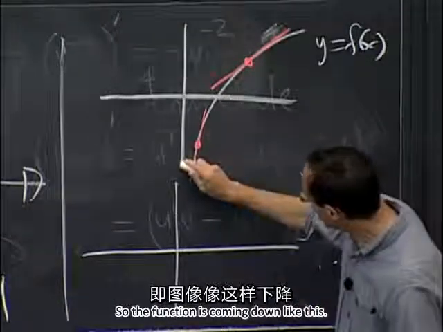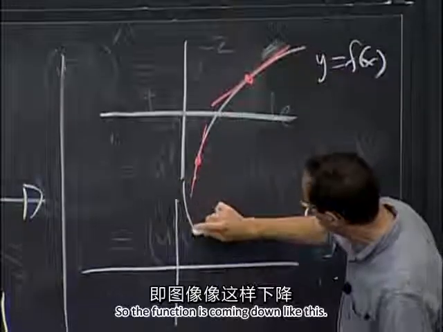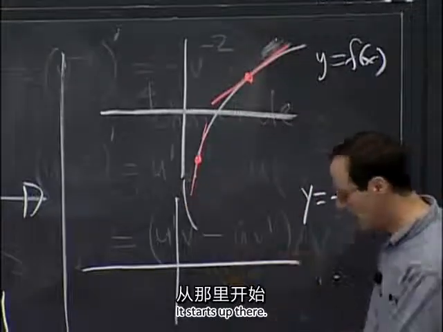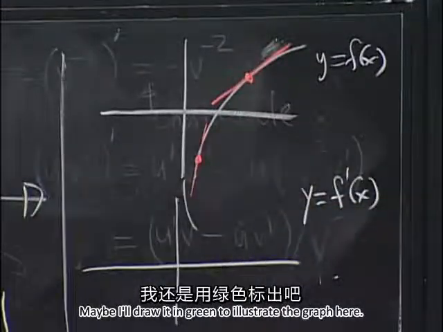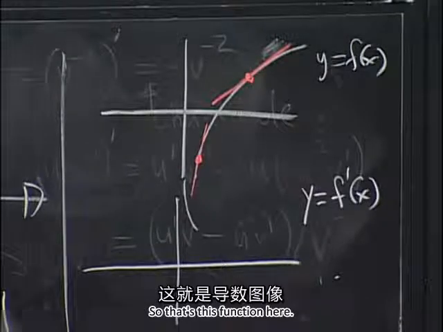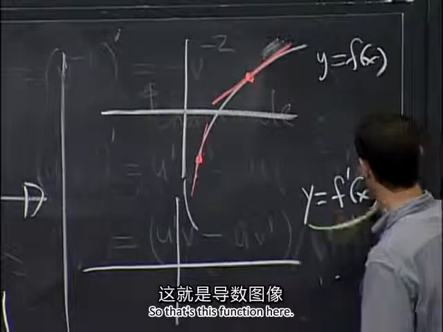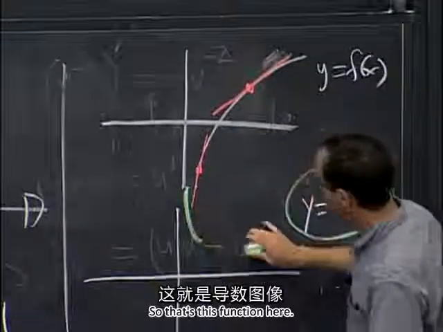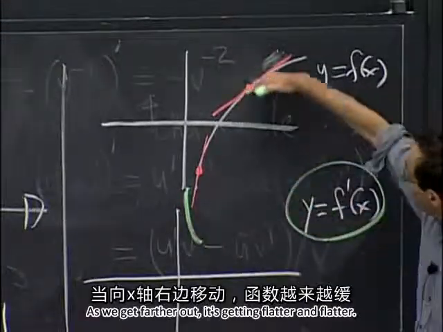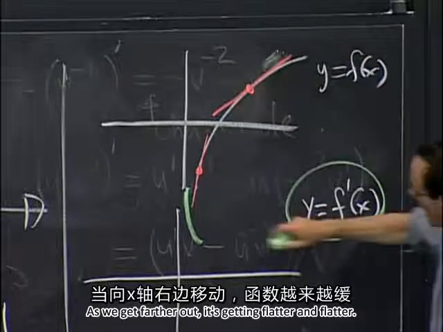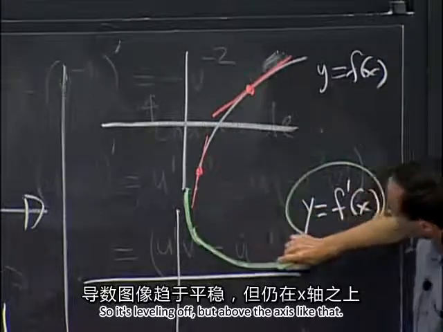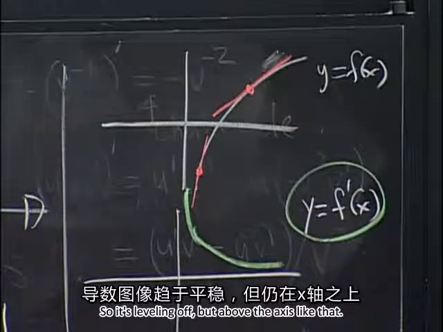So the function is coming down like this. It starts up there. Maybe I'll draw it in green to illustrate the graph here. So that's this function here. As we get farther out, it's getting flatter and flatter, so it's leveling off, but above the axis, like that.